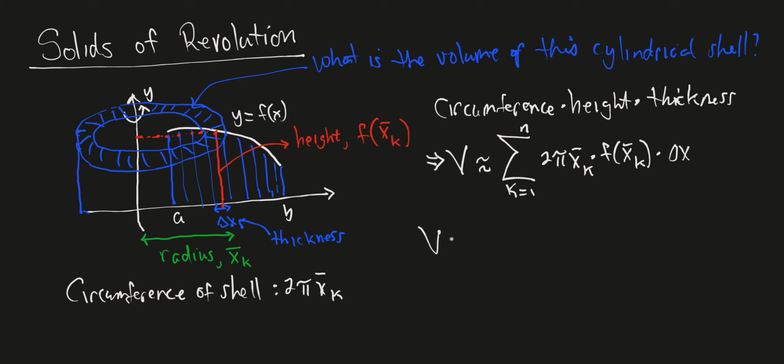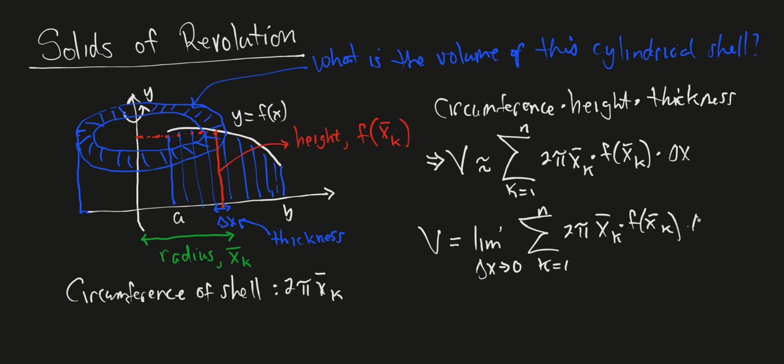So our volume is going to be exactly the limit as delta x approaches 0 of our Riemann sums. So we have our 2 pi x bar k times f of x bar k times delta x. And again, the region here starts from x equals a, goes to x equals b. So then what we know happens is that this limit of a Riemann sum converges to our definite integral.